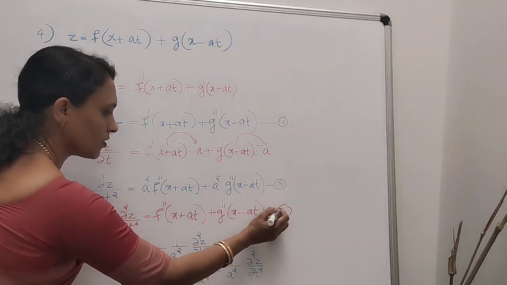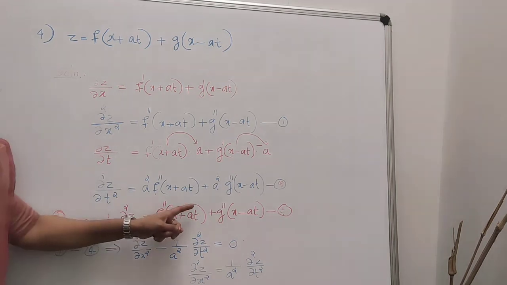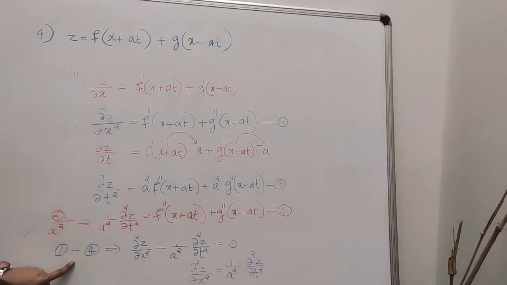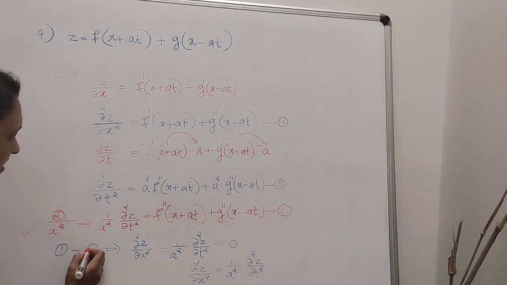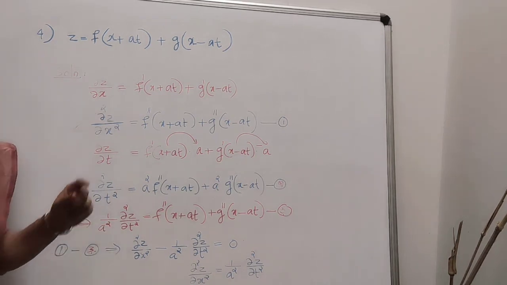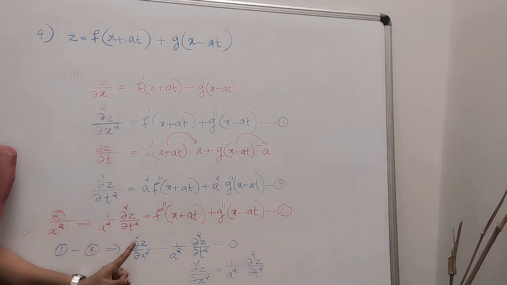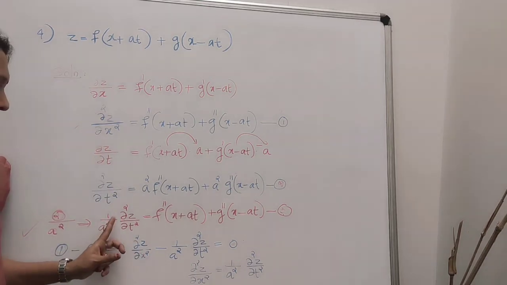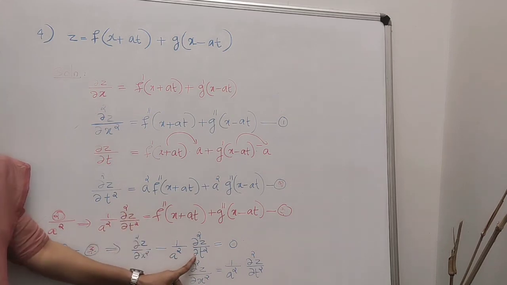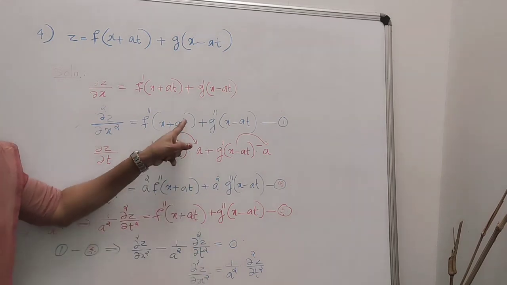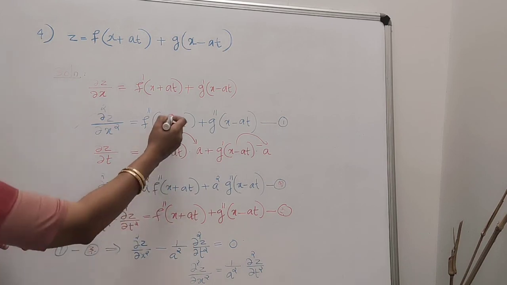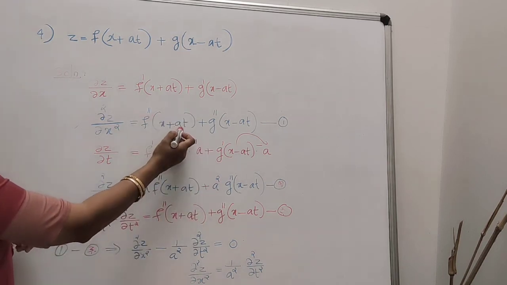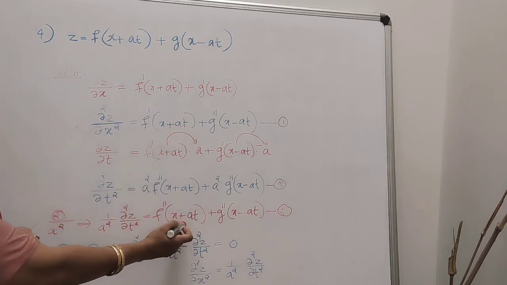Now you consider equation 1 and equation 3. Equation 1 minus 3: dou square z by dou x square minus 1 by a square dou square z by dou t square is equal to, what will be the RHS of equation 1 and equation 3? f double dash of x plus at minus f double dash of x plus at.